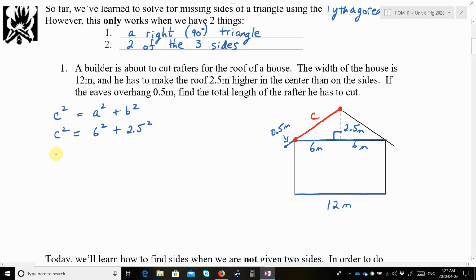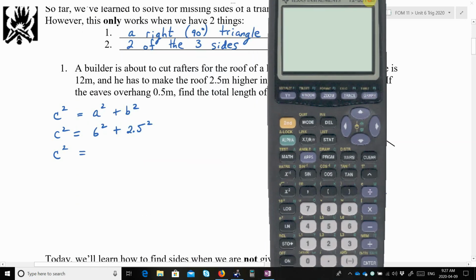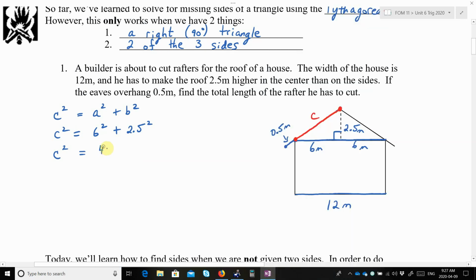And let's work this out. This means that c squared is equal to 6 squared plus 2.5 squared. So that's 42.25.